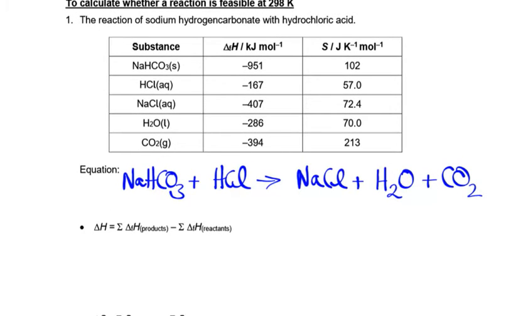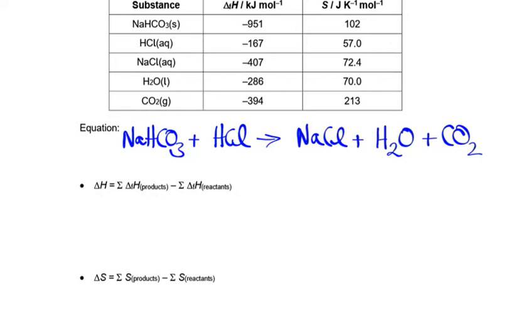So sodium hydrogen carbonate, hydrochloric acid gives us sodium chloride, water and carbon dioxide. See if you can remember how to work out delta H for this reaction. So the sum of the enthalpy of formation of the products, take away the sum of the enthalpy of formation of the reactants.